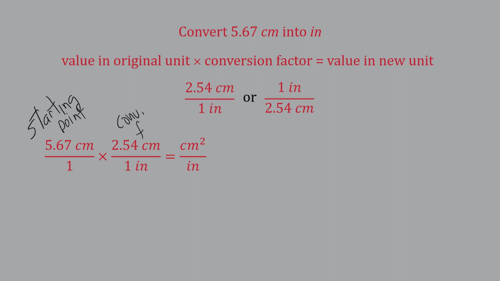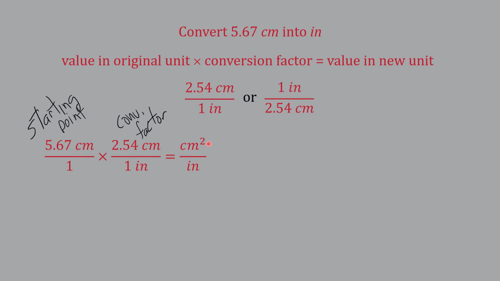Here's your conversion factor. And before you even crunch the numbers, crunch the units, right? So here we're looking at centimeters times centimeters in the numerator and inches in the denominator.